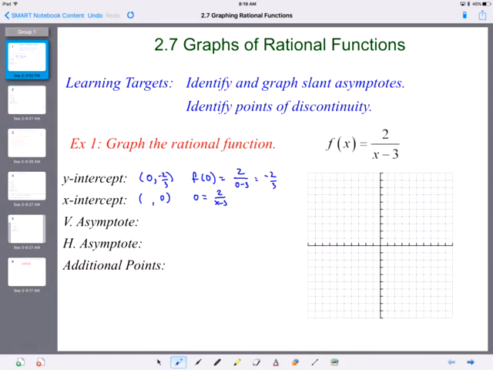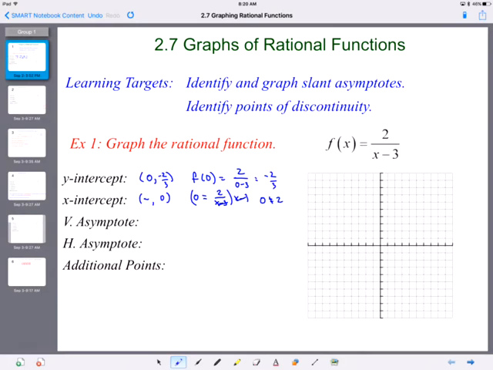Well, you could multiply by the denominator, x minus 3. That will cancel on this side, and then the other side will just stay 0. So 0 is equal to 2. Well, 0 is not equal to 2, so on this one it looks like we have no x-intercept, which means the graph does not cross the x-axis at all. And that's perfectly fine with rational functions.